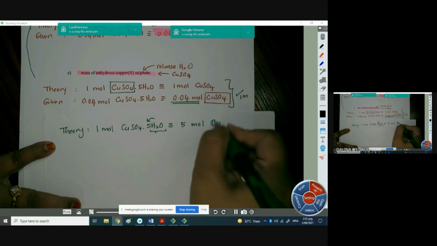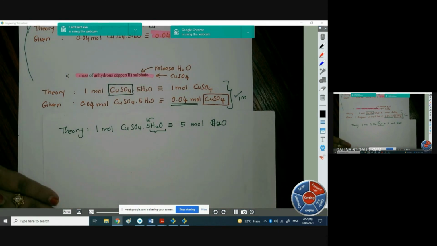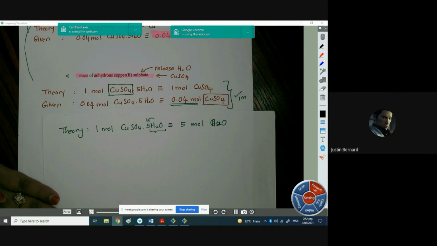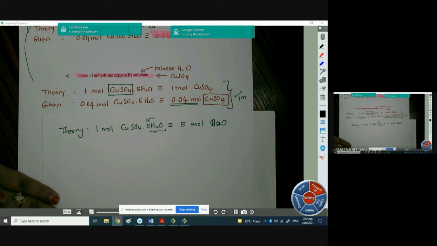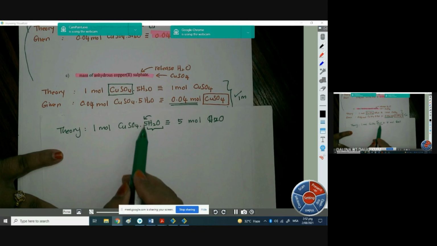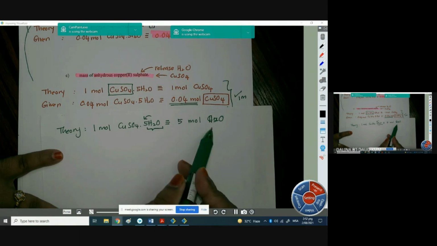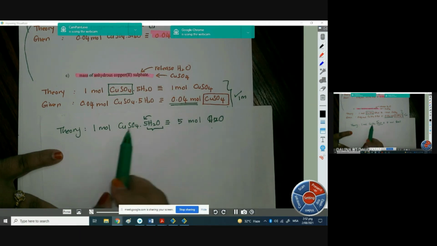Can you see it? In this 1 mole there are 5 moles of water. It depends on the question. If the question asks about sulfur, there is only 1 mole of sulfur in hydrated copper sulfate.